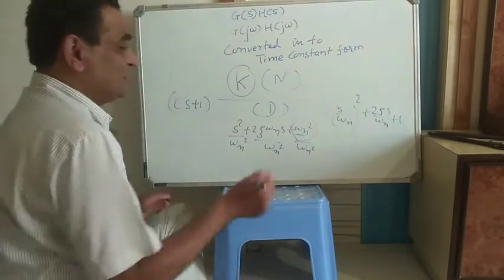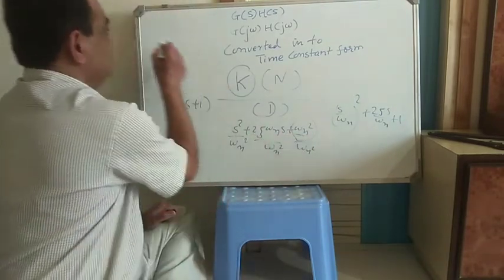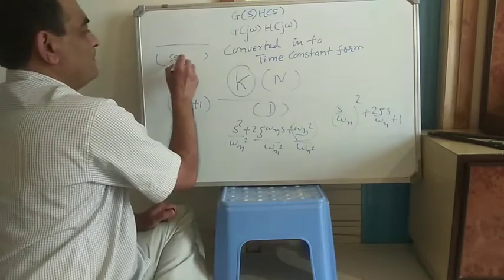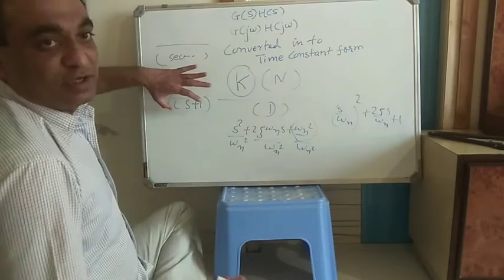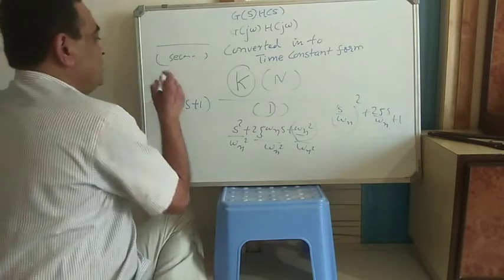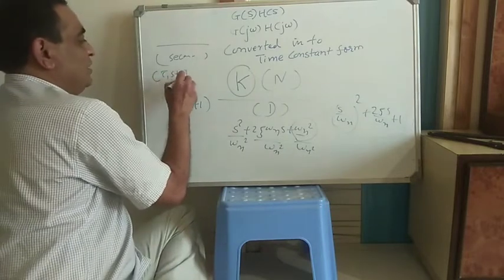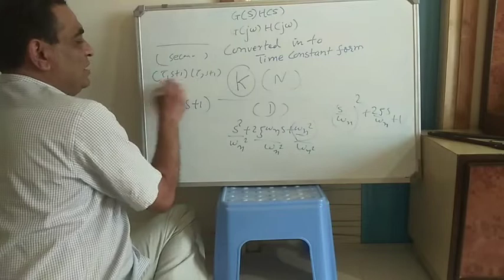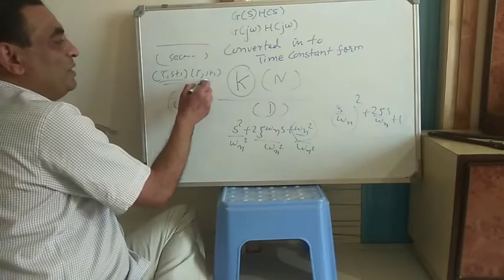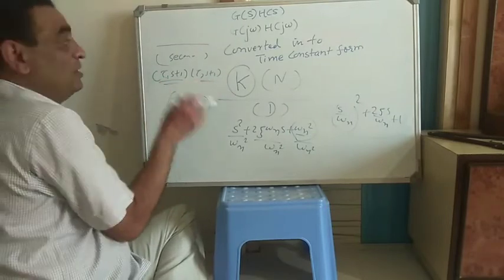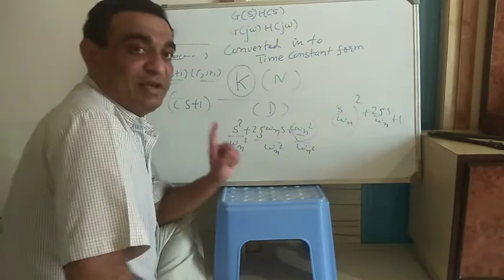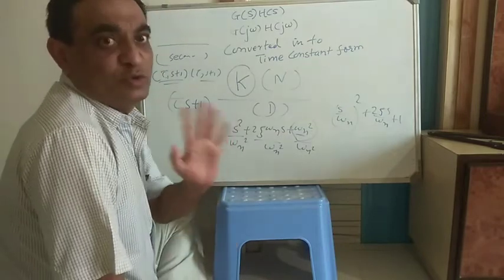But for the second order term, you cannot combine two first order terms. If you have tau 1 s plus 1 into tau 2 s plus 1, they both are first order terms. You cannot multiply and get a second order term. A second order term is only valid when you have complex conjugate poles.